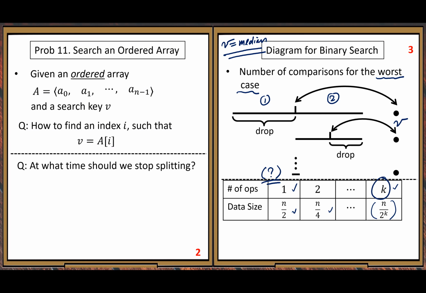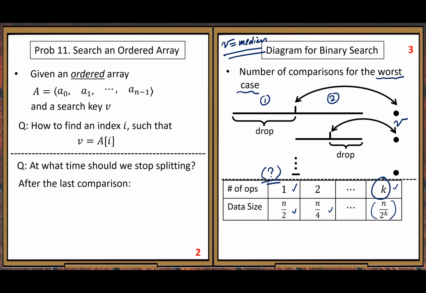So the question: at what time should we stop splitting? Can you find a condition? We can call it stopping criteria. You have to stop. It does not make sense for further splitting. We need to find that condition.